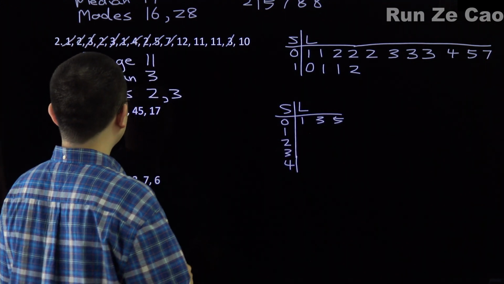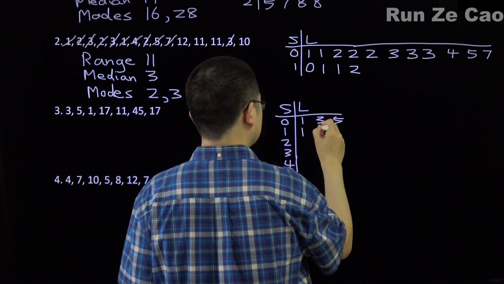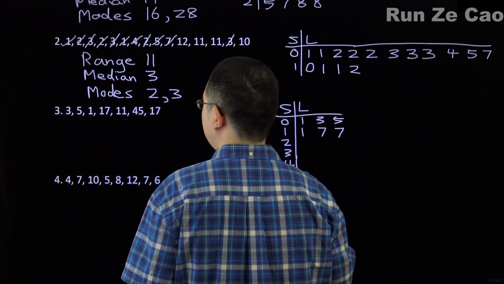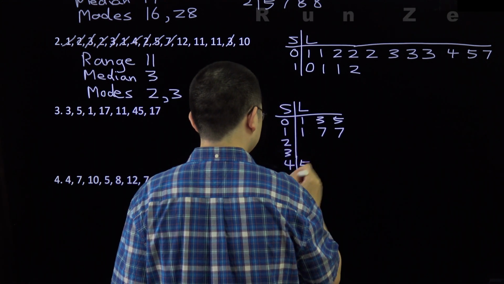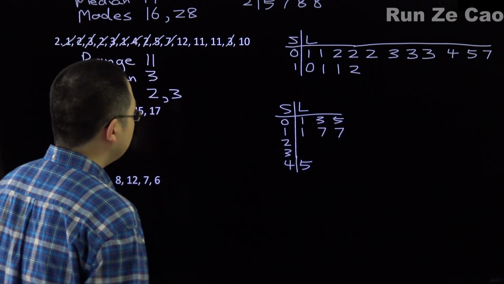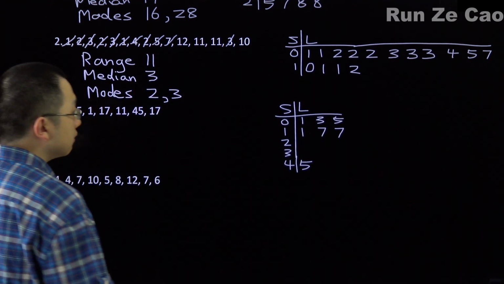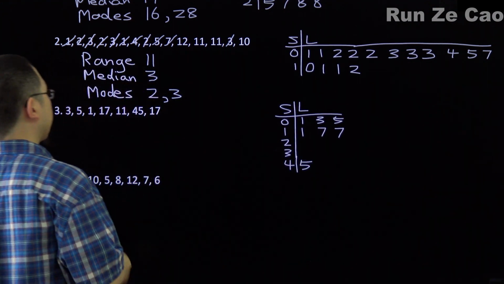And for the 10s, we got 11, 17, and 17. And for the 40s, we got 45. So there are 7 data points. The median is going to be the 4th one, so 11.